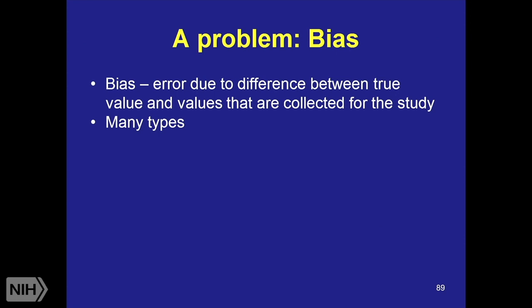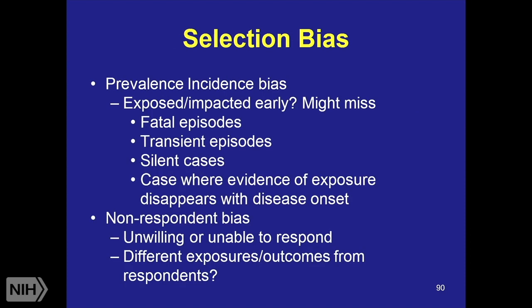There's a true value and a value you collected in the study, and they're not the same. That's bias. I don't particularly care if it's selection bias or interviewer bias or anybody else's bias. There's a problem because I'm not getting the correct information. But like I said, a lot of other people care about the exact names. I don't. Bias is bias.